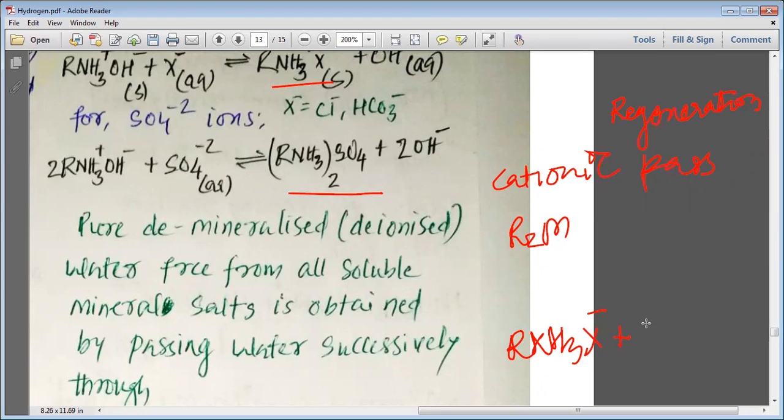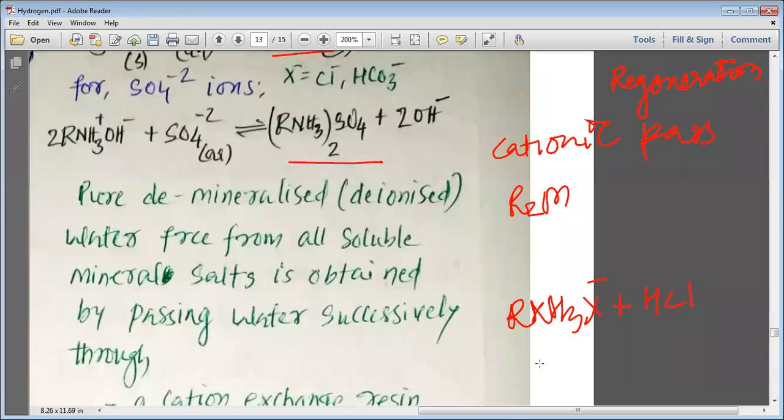So if we allow it to react with acid, RNH3 X minus, let's say we have allowed it to react with the acid HCl. What happens? We get RH, R combined with this H. Then this NH3 turns out to be NH3 like ammonia.